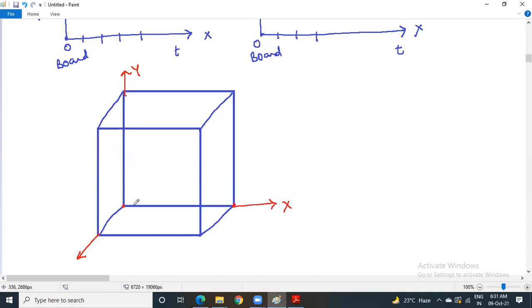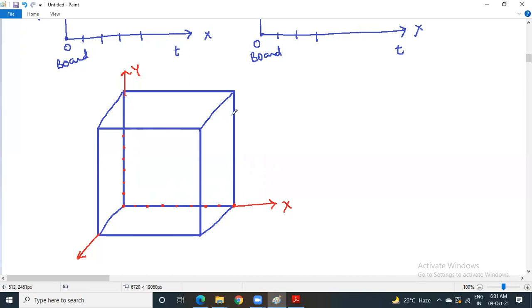In general, the ant moves like this. So change in the position is taking place only along x-axis. So therefore, you can say that the ant is moving along a straight line. Not only this example. Suppose when a ball is thrown vertically upwards, change in the position takes place along y-axis while moving upwards and downwards.